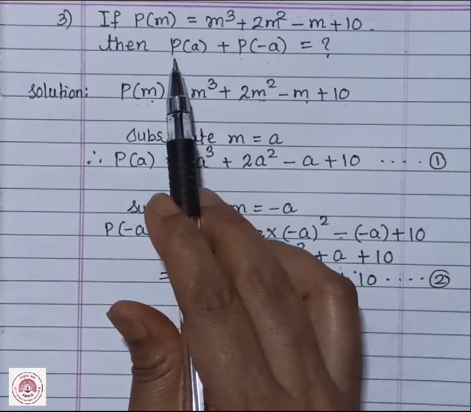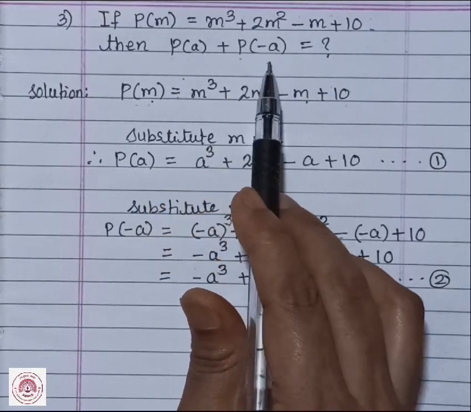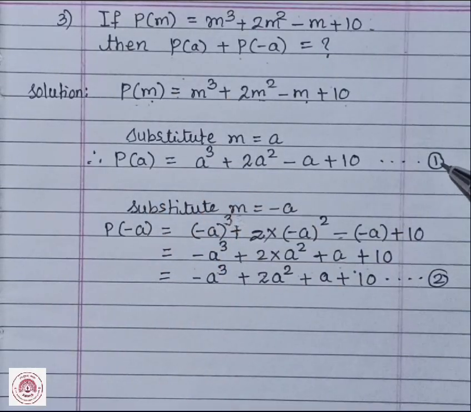Now we have to find the value of P of a plus P of negative a. That means we have to add equation number 1 and equation number 2.